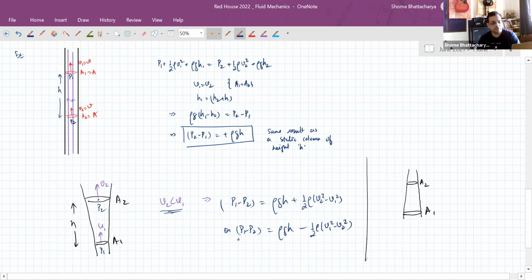Because V2 is greater, V2 is less than V1. So from this you can see that P1 minus P2 here is less than rho GH. Whereas in this case, if the pressure here is P1 and the pressure here is P2, P1 minus P2 will be greater than rho GH.